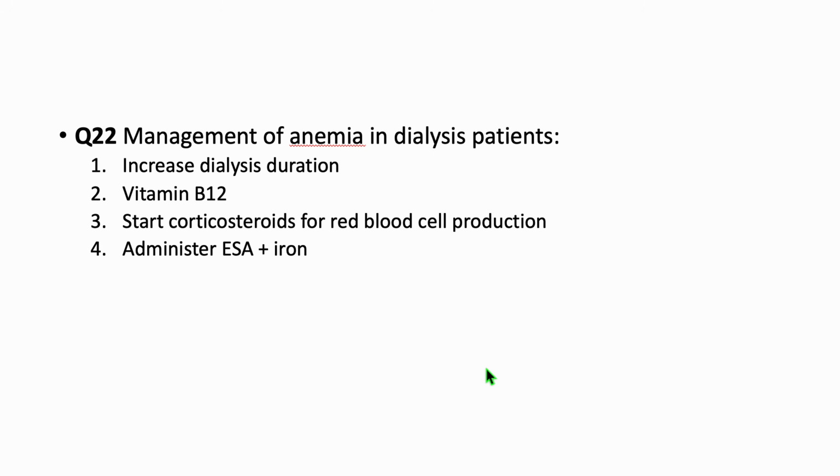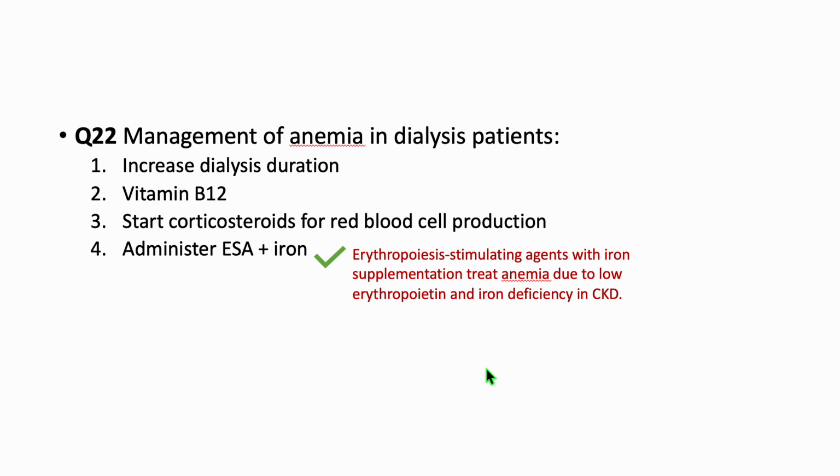So we all know that in order to manage anemia in patients, we often give erythropoietic stimulating agents and also some iron supplements, and they help treat anemia because in CKD patients, kidneys are unable to produce erythropoietin on their own, and that's why they are mainly anemic.